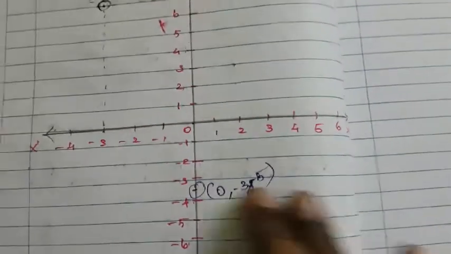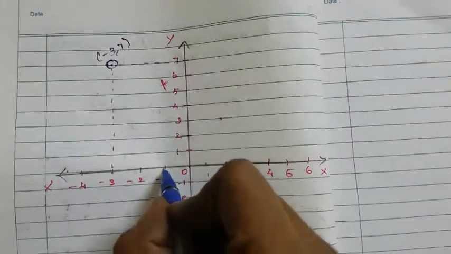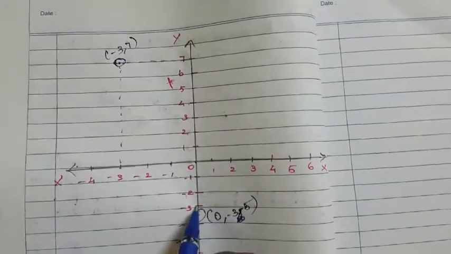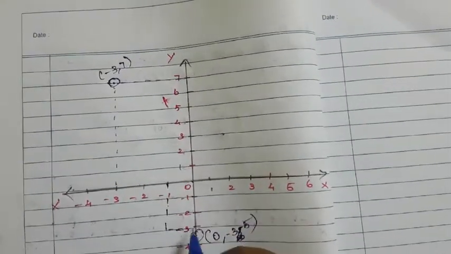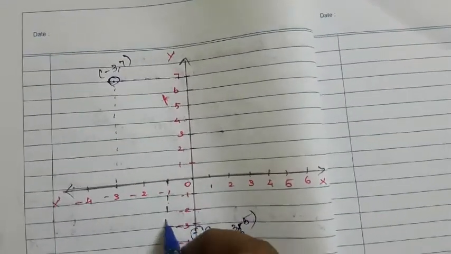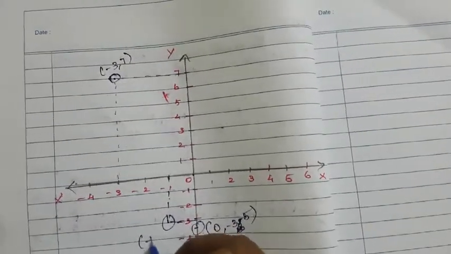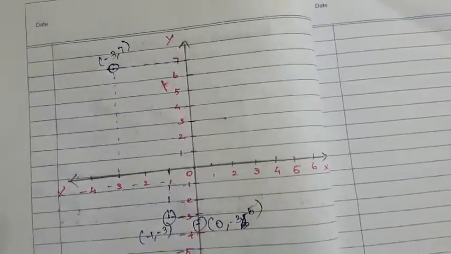Okay, so now we are going to mark (-1, -3). So -1 from the x-axis and -3 from the y-axis. That is called (-1, -3). Okay, so this is the point where -1 and -3 meet.